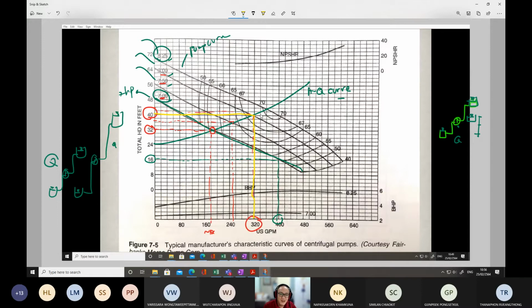In this case, we need to choose the pump with the required input power of 8 horsepower. So we have to choose this one. This one will not meet our requirement. 7 and 7.5 both do not meet our requirement. So we have to choose the larger one.